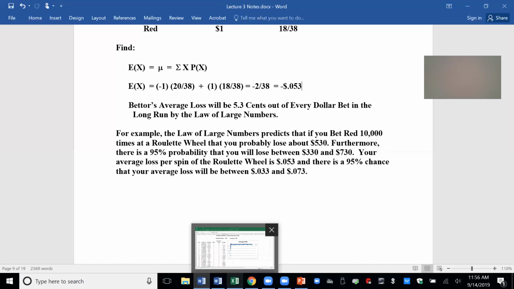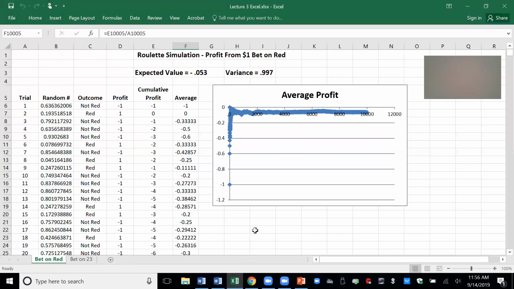To illustrate that, I've created this simulation. So we spin, we get a random number, it tells us whether it's a red or not a red, it gives me the economic consequence, and what we're interested in is this cumulative column here.